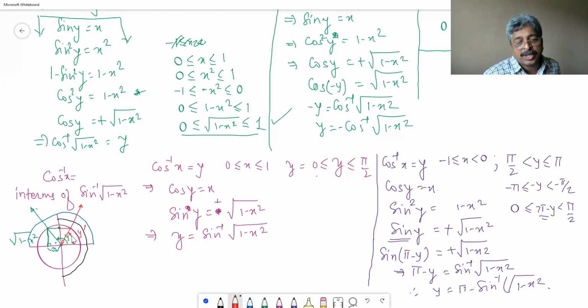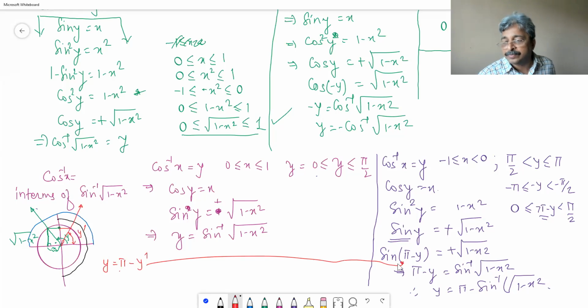So geometrically you can identify that these two rays are reflections in the y-axis. Therefore y is equal to pi minus y dash. That is the adjustment, and that is what is reflecting here. Automatically if you do that adjustment in the range correction, you will get it within the range, because you are manipulating it exactly the way geometry demands.